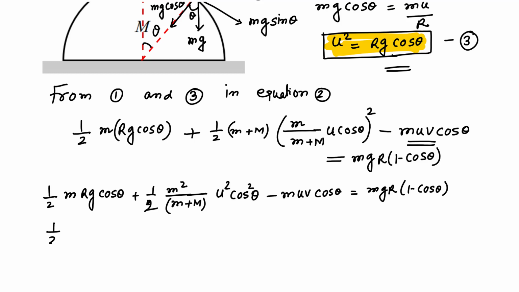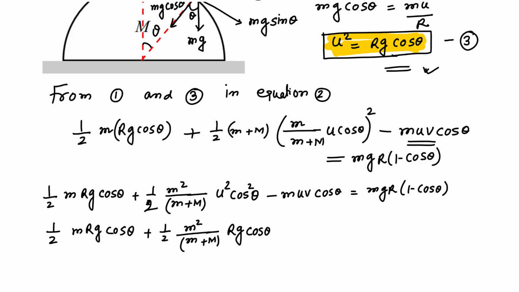So in the next line we can have mrg cos theta plus half m square divided by m plus M, and we can plug the value of u. U is what? U square is rg cos theta. So this will be rg cos theta, and we already have one cos theta, so this will basically become cos cube theta.